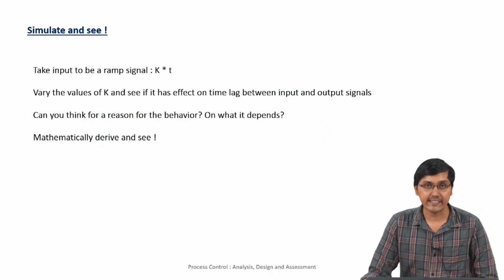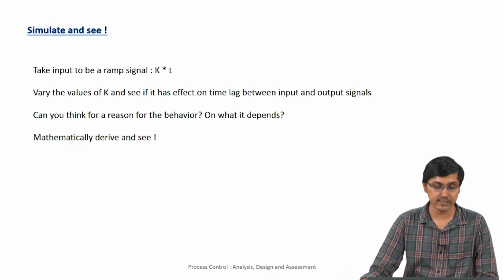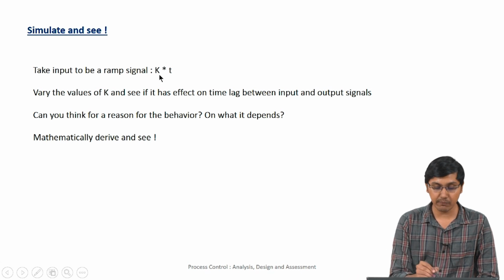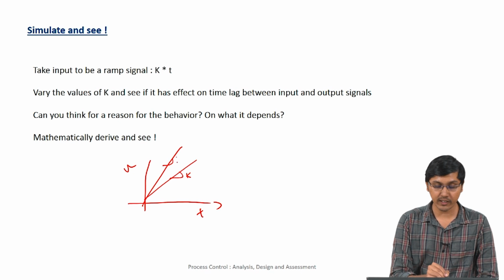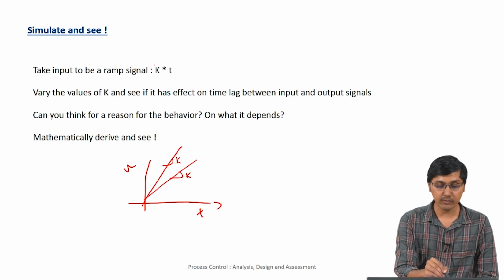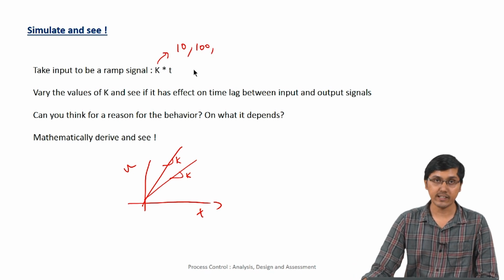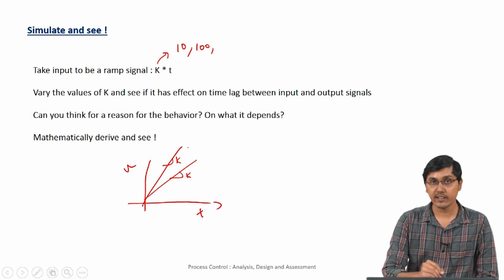We have some exercises for you which you can simulate and see. You can use the code that was given in the previous slide to simulate the same thing. Instead of giving a sine input, give a ramp input. A ramp input is nothing but some slope into time, so when time is increasing, the signal also increases with respect to the particular slope value. Change the slope value, substituting values for k like 10, 100 or 1000, and see how the output varies.